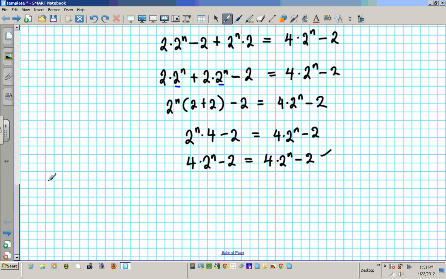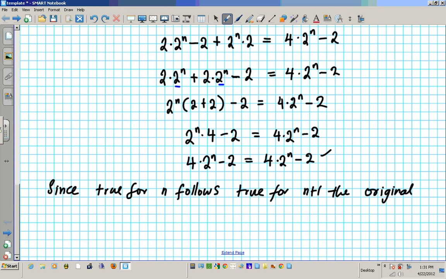All right, so, writing a concluding remark: since true for n follows true for n plus 1, the original statement Sn is true for n greater than or equal to 1.